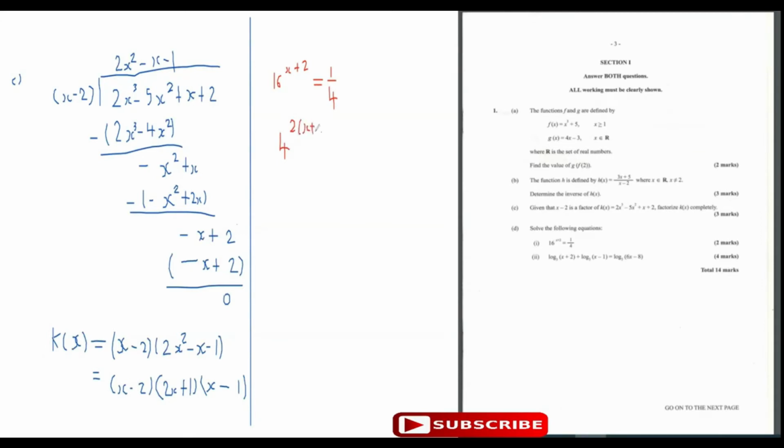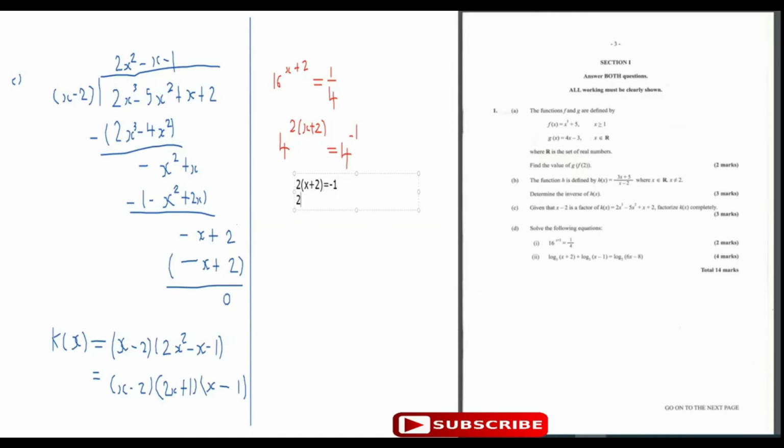And 4 squared is raised to the x plus 2. That's equal to 1 over 4, which is just 4 to the minus 1. So what are we then solving? The equation we're solving is 2 times x plus 2 is equal to minus 1.